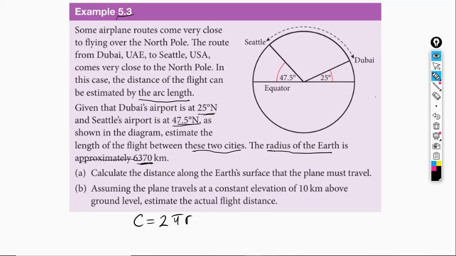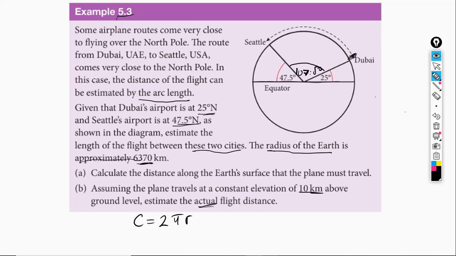Now the central angle is not the two that they gave us, but rather this one here in between. And it's easy to find because we know that if this is the equator line, then it's splitting the Earth into 2 hemispheres. And that means that we're talking about 180 degrees for the total hemisphere. Therefore, this has to be 180 minus 47.5 minus 25.